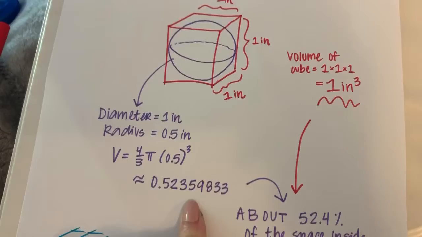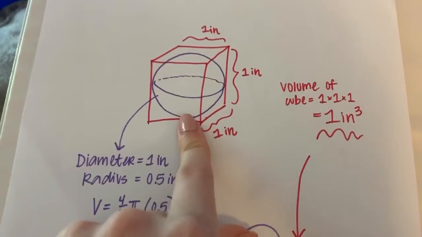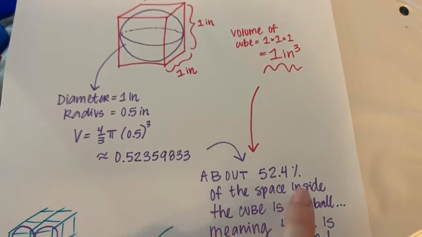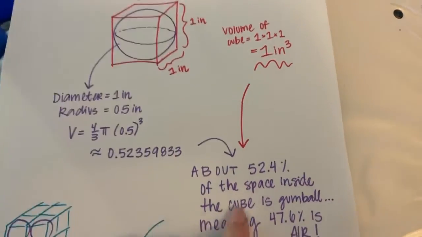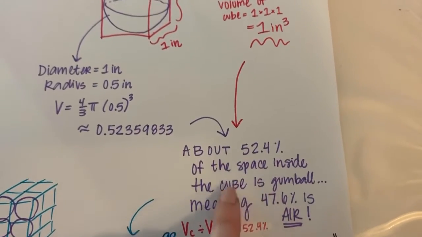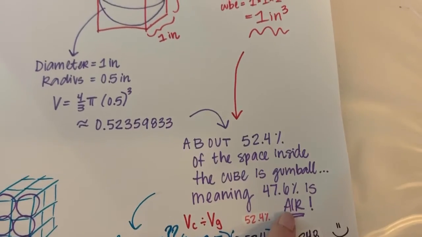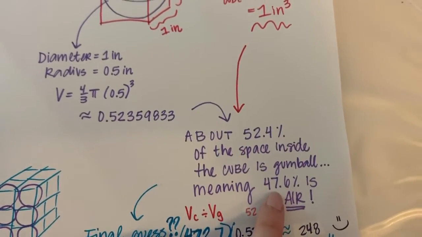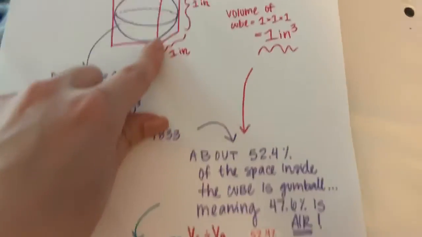And then when you find its volume, interestingly enough, it looks like the gumball fills up the cube. It really doesn't. It only fills up about 52.4% of that cube. So about 52.4% of the space inside of the cube is the gumball, meaning that about 47.6% is air. That's crazy. Almost half of this is air, and then the other half is the gumball.